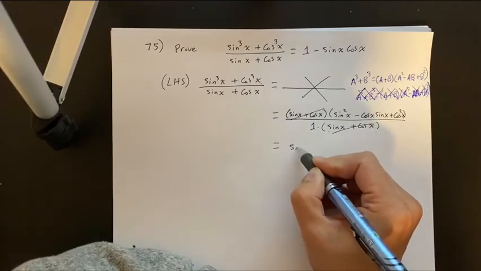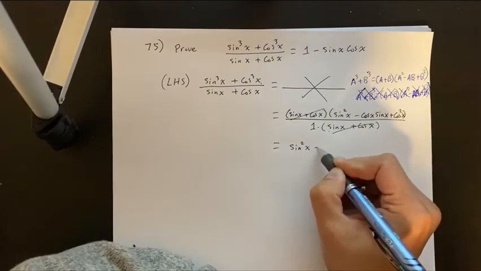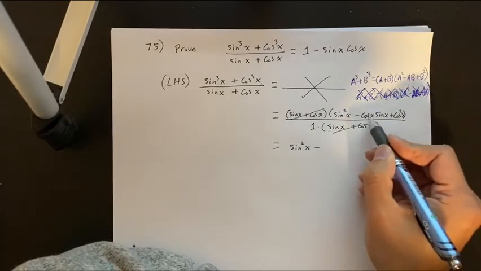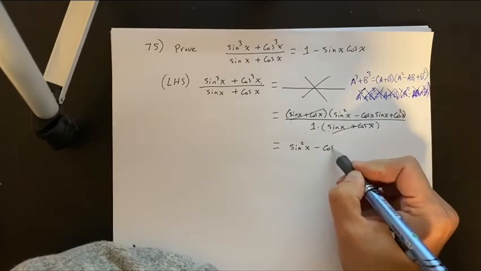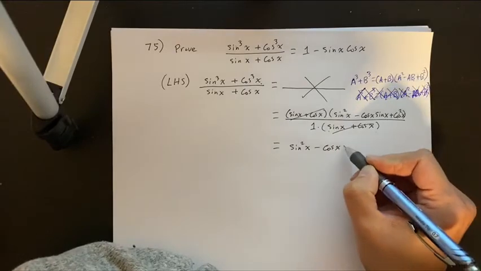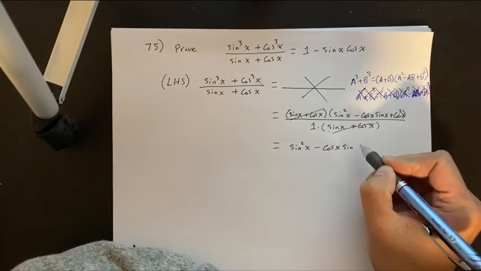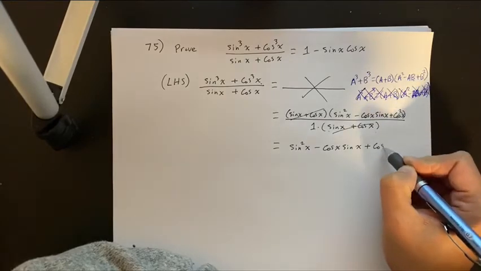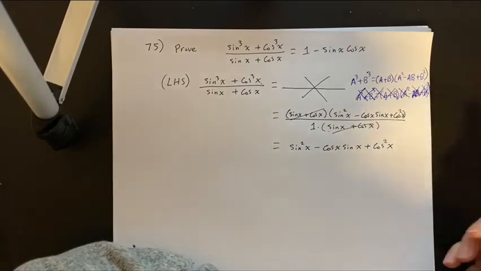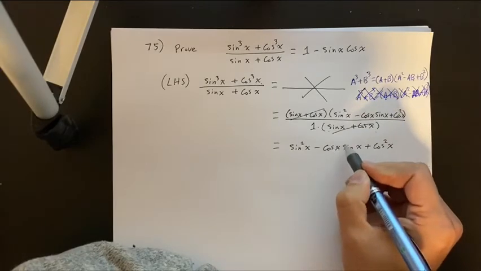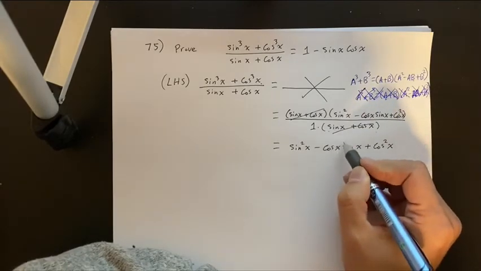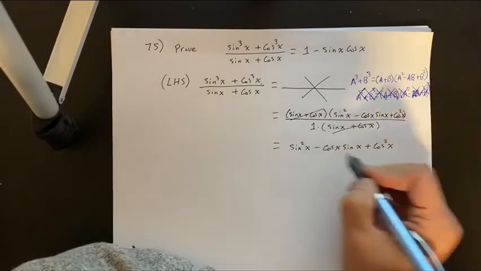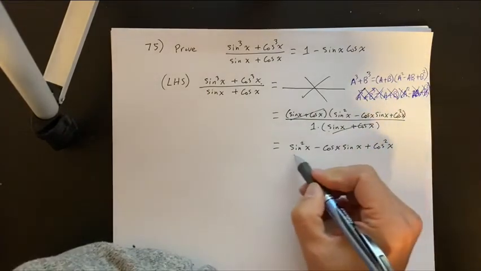So it's going to be sine square x minus, yeah, this is correct. I'll just keep the cosine in front. So it's cosine x times sine x plus cosine square x. Really, I think it's by habit that I usually write the sine in front of the cosine for whatever reason. This is definitely correct.